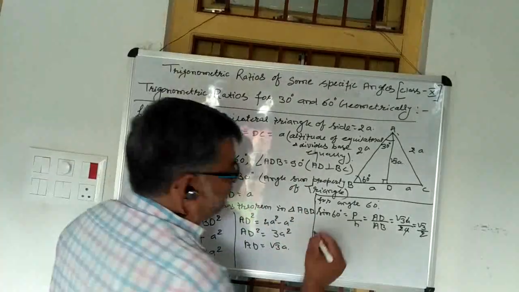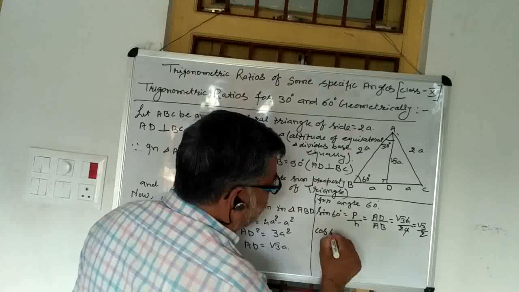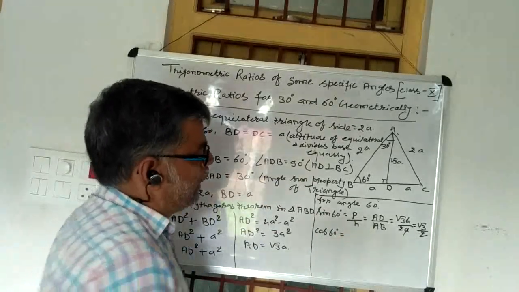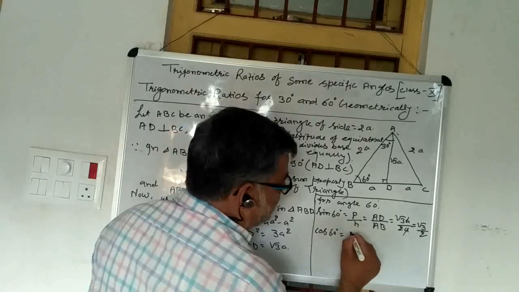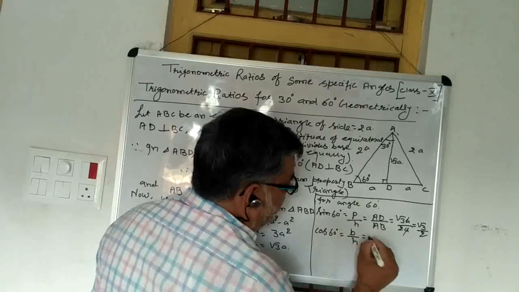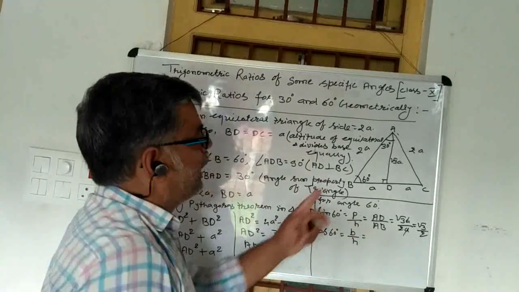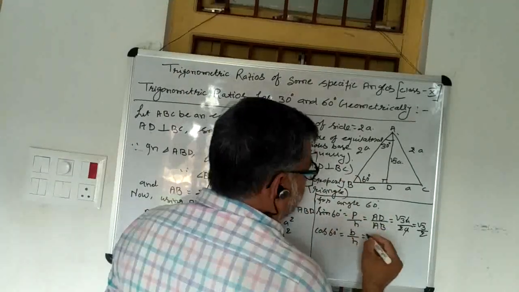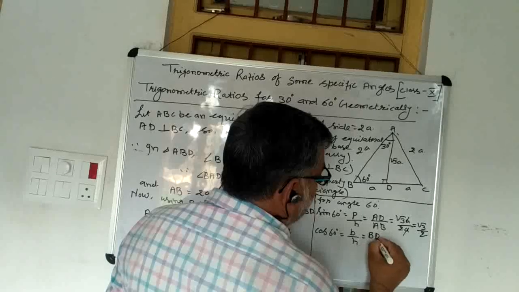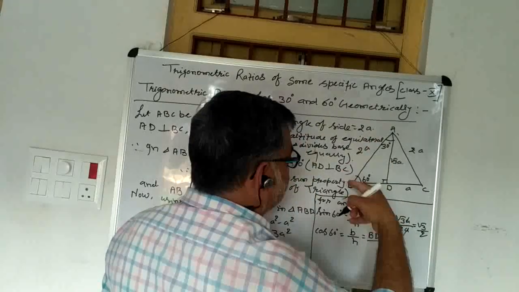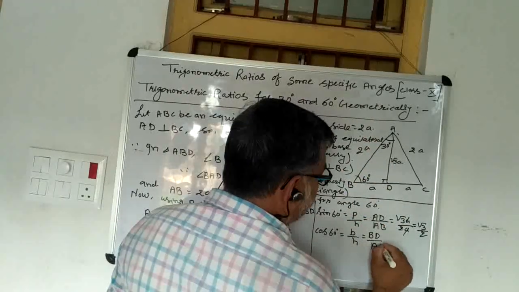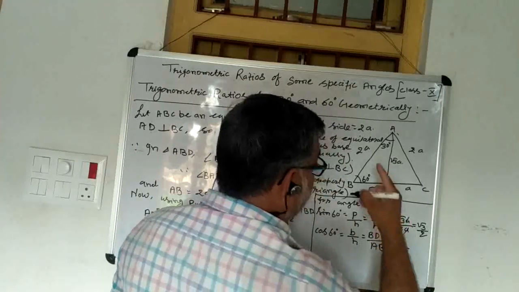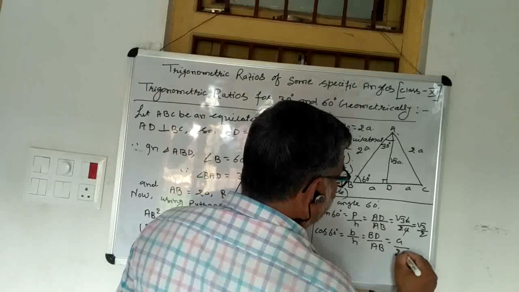Now similarly we can find the value of cos 60 degree. Cos 60 degree will be equal to, as you know, the ratio for cos is B by H, that is base by hypotenuse. And in this triangle, for this angle, the base will be BD and the hypotenuse is AB. That is BD is a and AB is 2a.